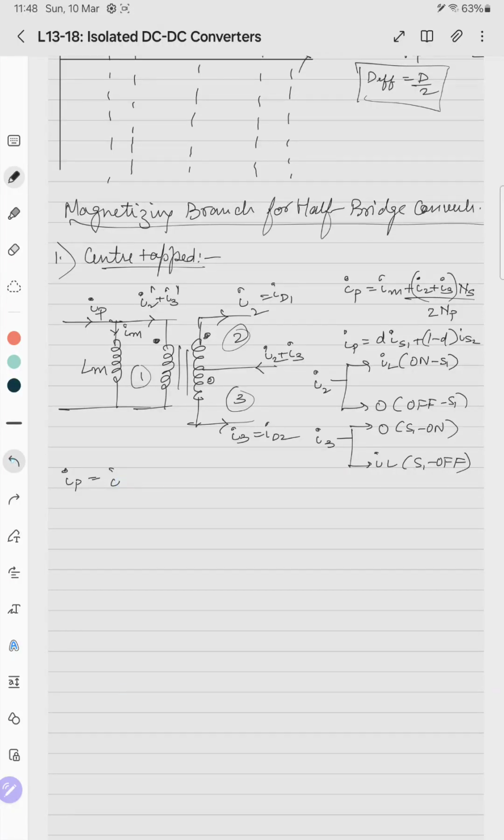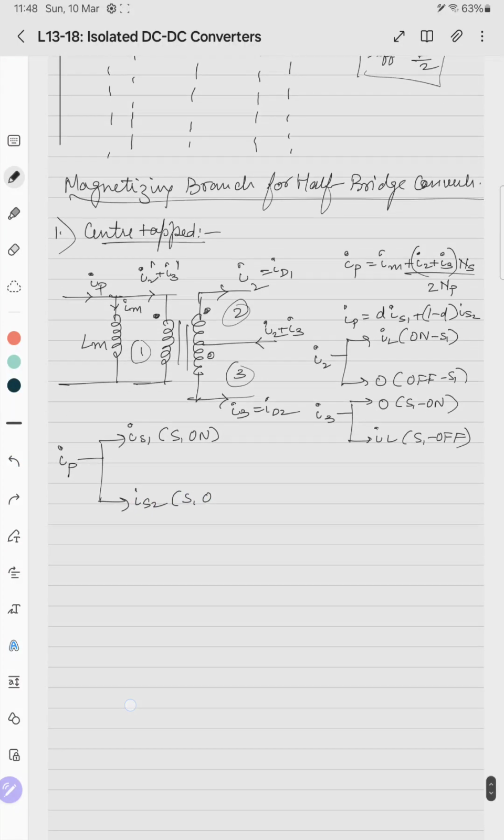Here we have to write two cases. We'll write IP as IS1 when S1 is on, and this is equal to IS2 when S1 is off. So this is equal to IP on, this is equal to IP off.